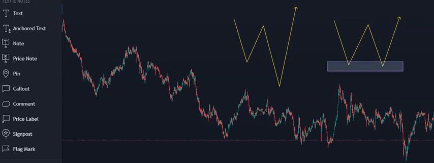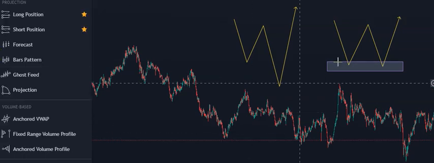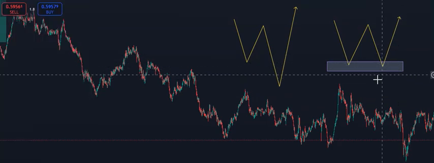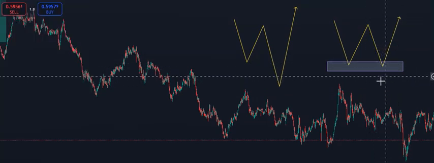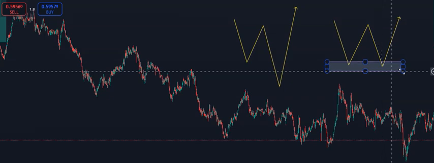So you put your stop loss below it or above it, and you realize price will just go below it, and then you have your stop hit.